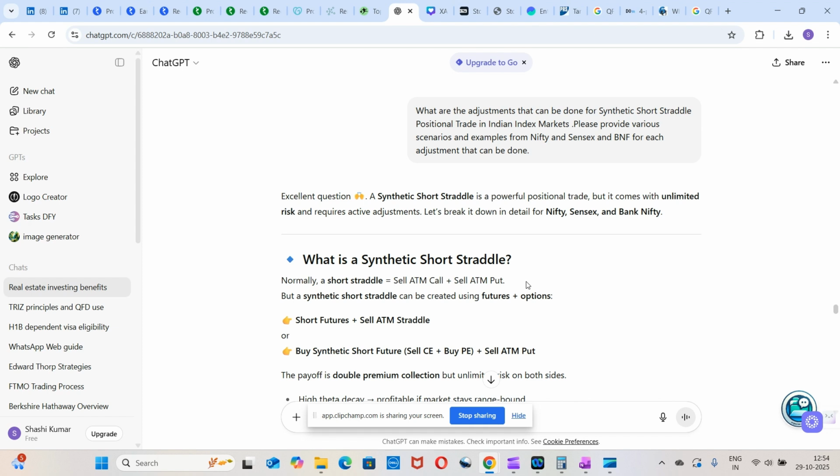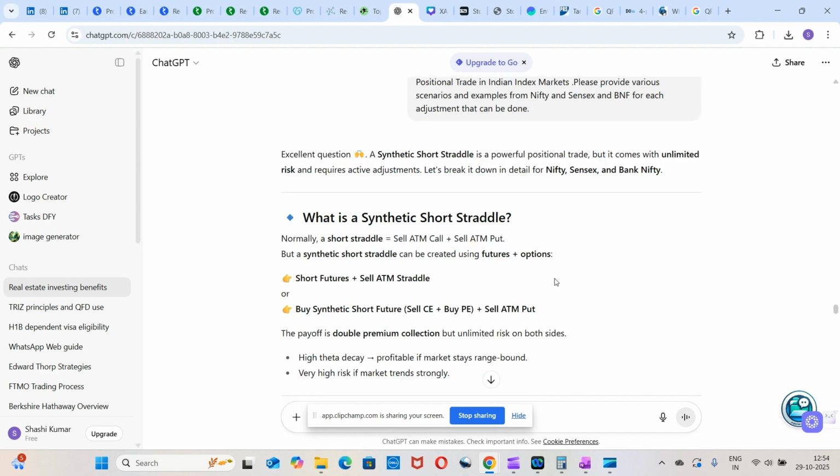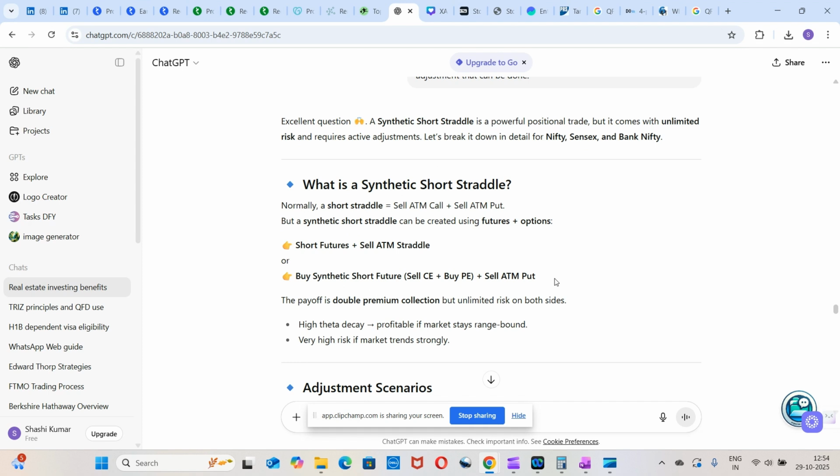Okay. So, what is a synthetic short straddle? Normal short straddle, what we do is we sell an ATM call as well as an ATM put. Okay, so that's what a short straddle is. But a synthetic short straddle is created by combining futures and options.